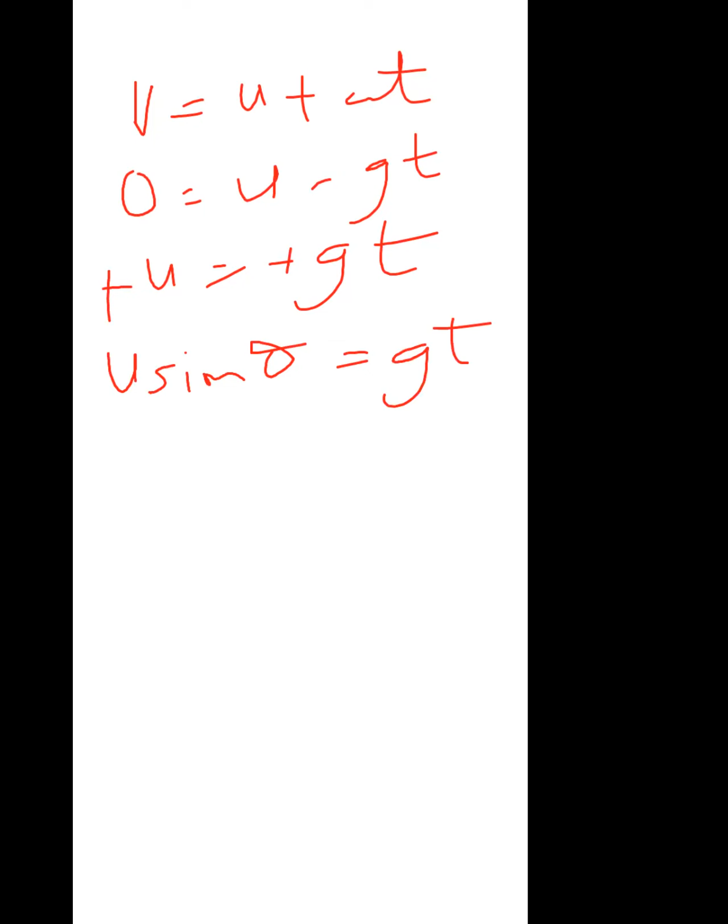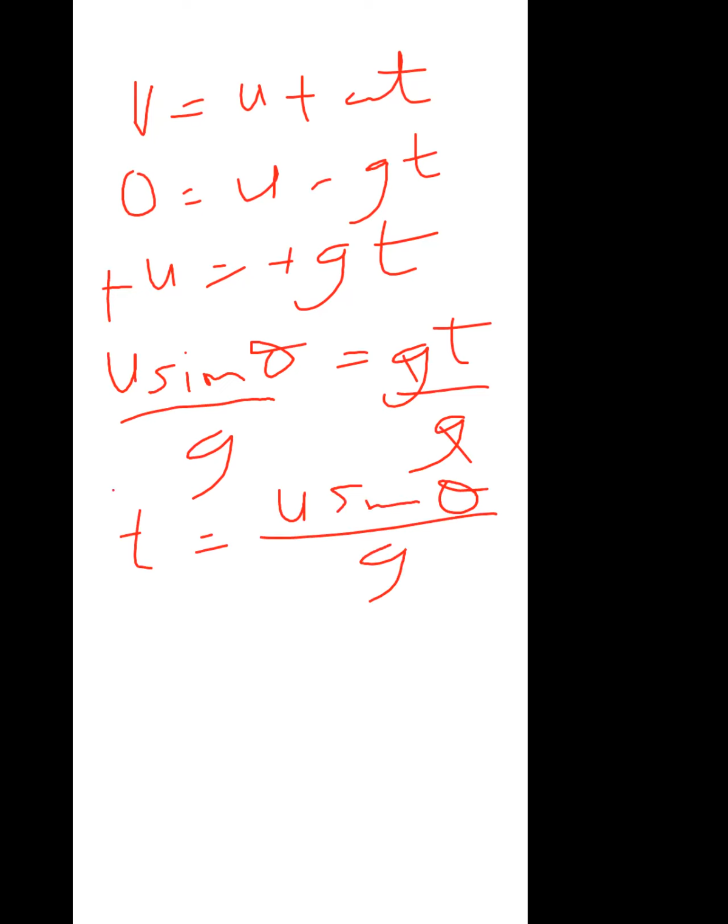So from here we can divide both sides by g, and that's how we got our answer: t is equal to u sine theta over g. This is the formula for calculating the time to reach the maximum height.